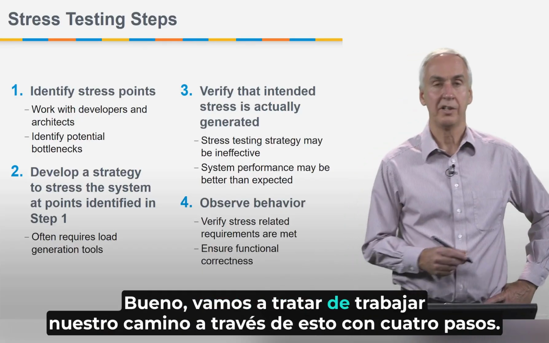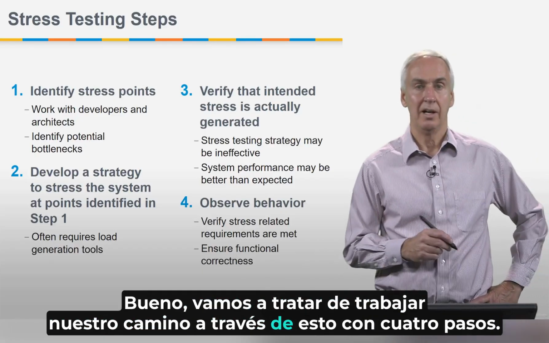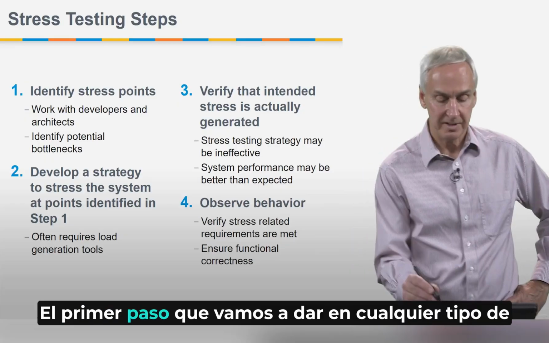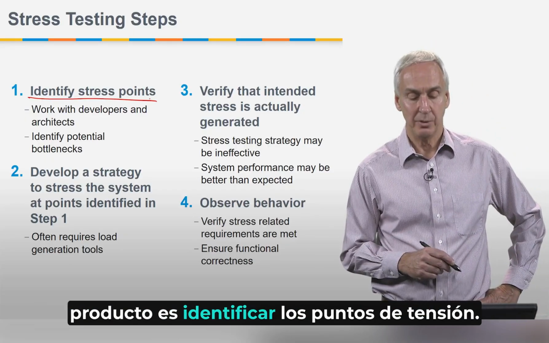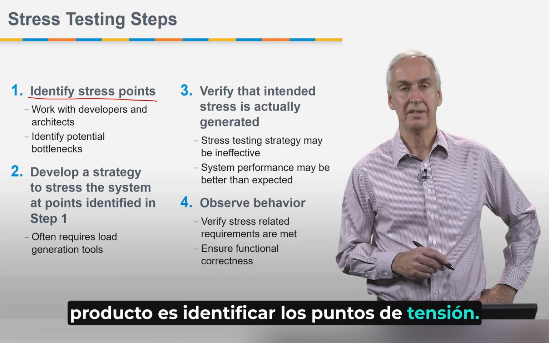Well, we're going to try to work our way through this with 4 steps. The very first step that we're going to look at in any sort of product is to identify the stress points.